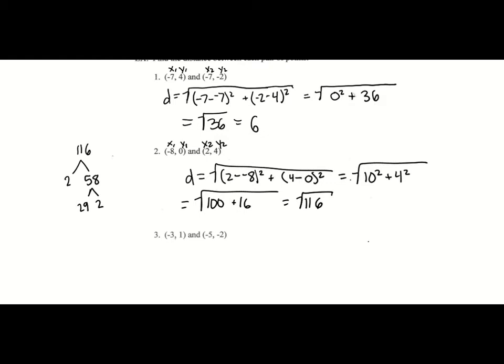And 29 can't be broken up anymore, so we get the square root of 2 times 2 times 29. Pull out one of those 2's, we get 2 square root 29 as our answer.